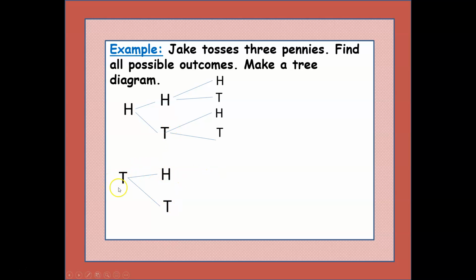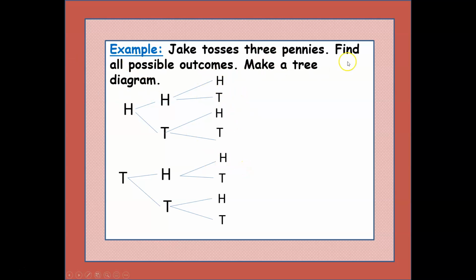Same with our tails. So we have tails, heads, and then he can flip a heads or a tails, tails, tails. Then he can flip a heads or a tails. So now we have all three of our flips. We have our first, our second, and our third flips.